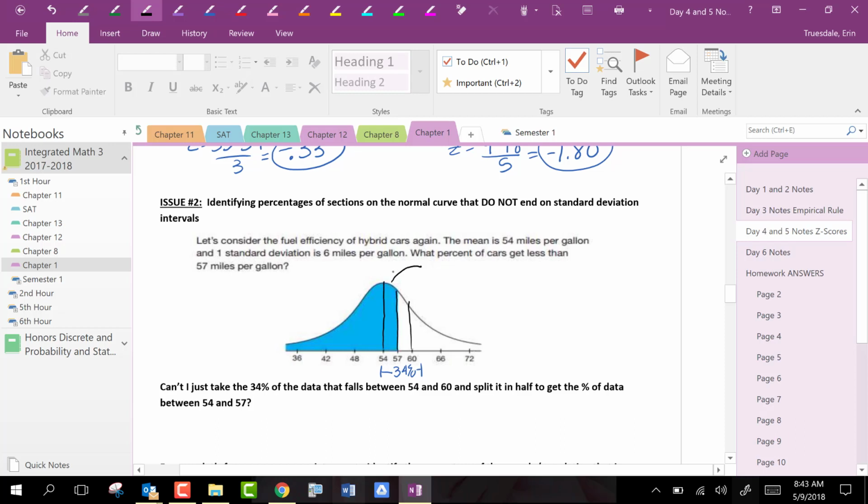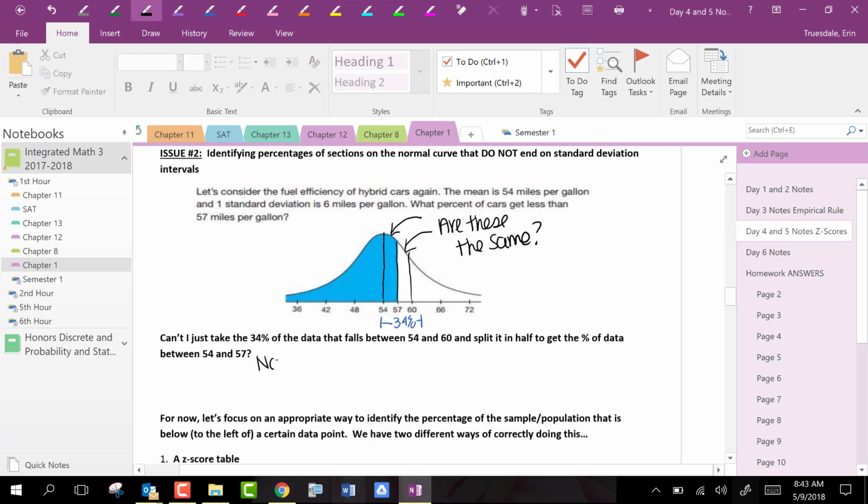Do you think these two bars have the same area? No, right? There's more area in here because it's higher than this one. So together it makes up 34%. It's not 17 and 17. Does that make sense? So we can't just split it in half.